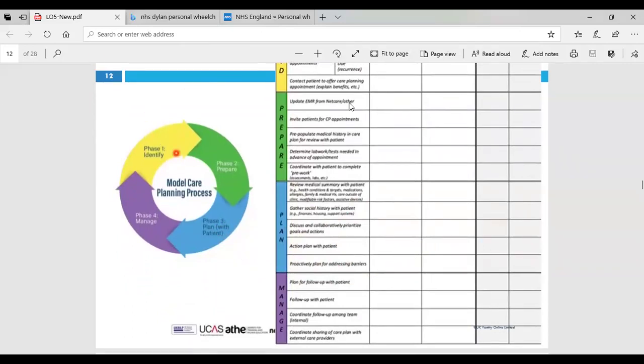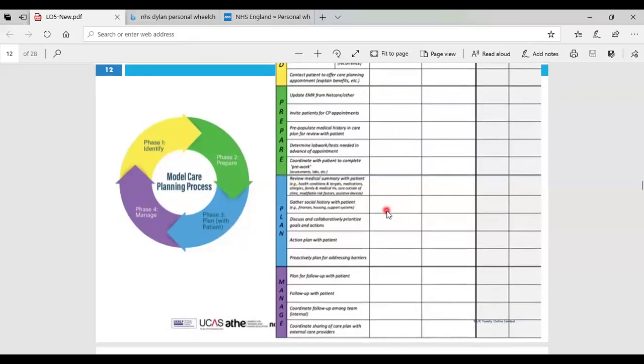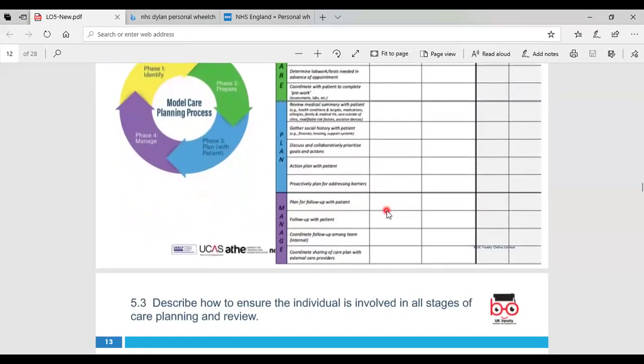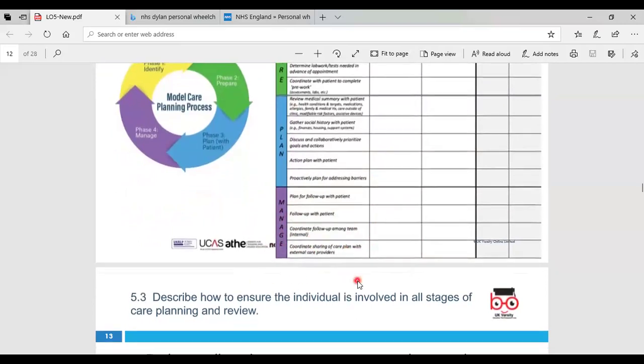This is all because when you're preparing, you would have some barriers that would emerge. Plan for follow-up with the patient, and then you actually have that follow-up in your management. And then you coordinate your follow-up amongst the team. This is for communicating what you've done, and coordinating sharing of care plans with external care providers.